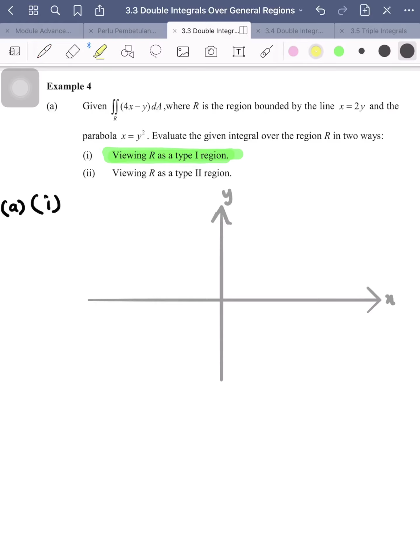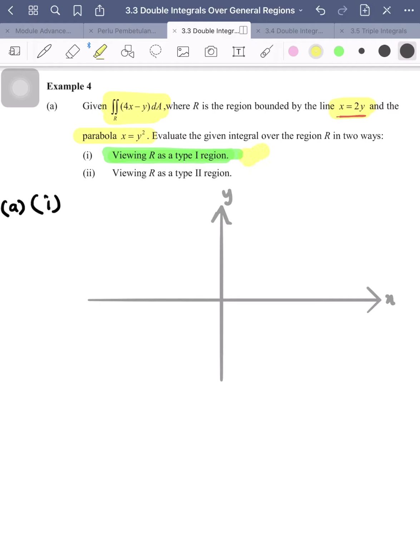The region R is bounded by the line x equal to 2y. If they don't mention line, you should know this is a line because both x and y are power of 1. And the other one is a parabola, x equal to y squared. Evaluate the integral over region R in two ways, viewing R as a type 1 region and viewing R as a type 2 region. Let's start with the type 1 region first.